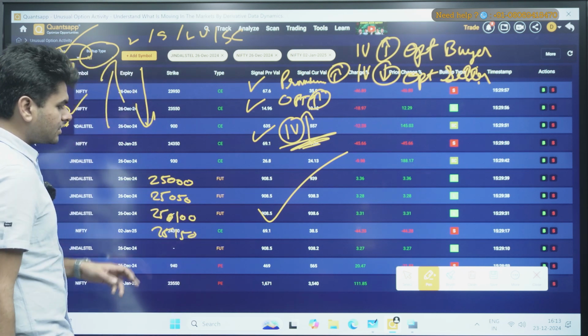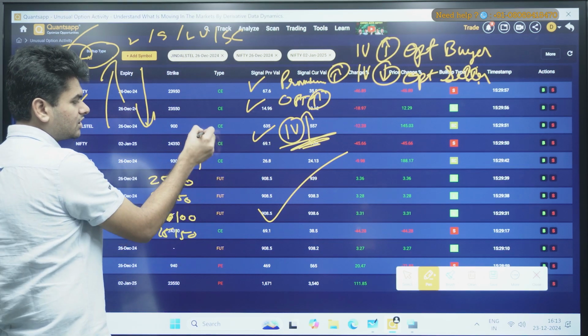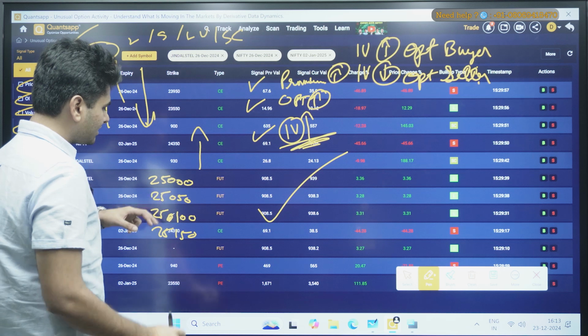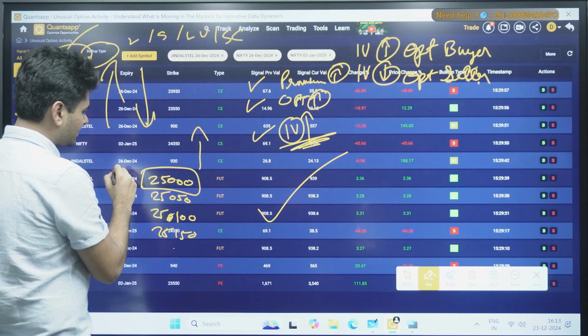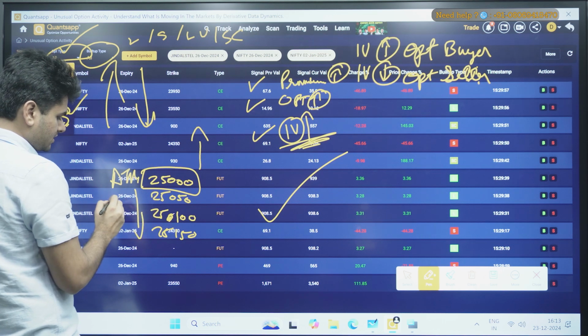These are the multiple strikes. Let's suppose the volume is tending to increase in this. Let's believe this is the at the money level, and below that we are seeing all the OTMs.